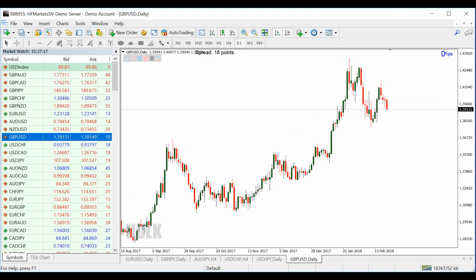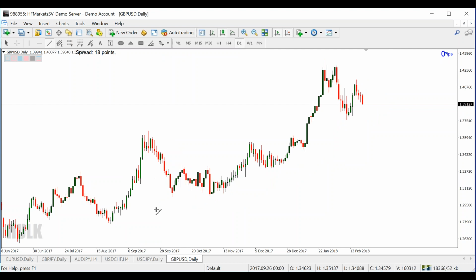Daily. What do you see? Tell me. I see a buy. So like GU, this one, where will it go?